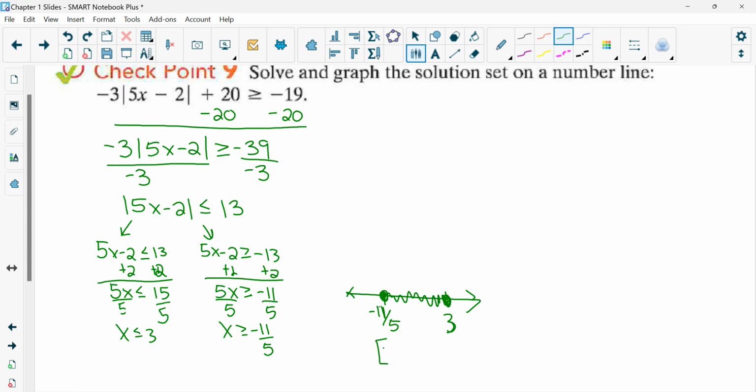So bracket -11/5, 3, the bracket. All right, we're almost done.